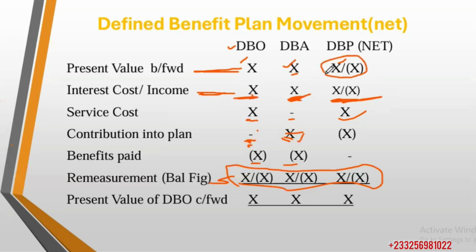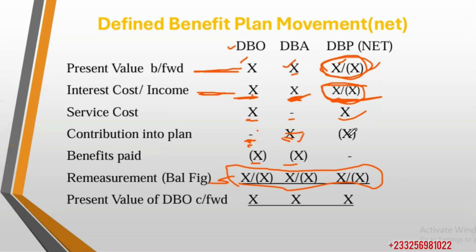So if the opening balance is a net obligation, and you apply the interest rate on it, what you get is interest cost. If this opening balance here is a net asset or surplus, and you apply the interest rate given in the question on this net asset or surplus, what you get here will be net income. It's the same thing. So we will look at that more. Okay. And then we'll solve more questions for better understanding.